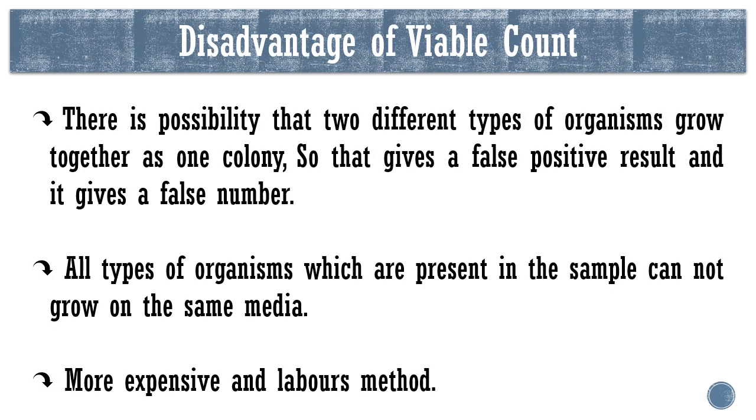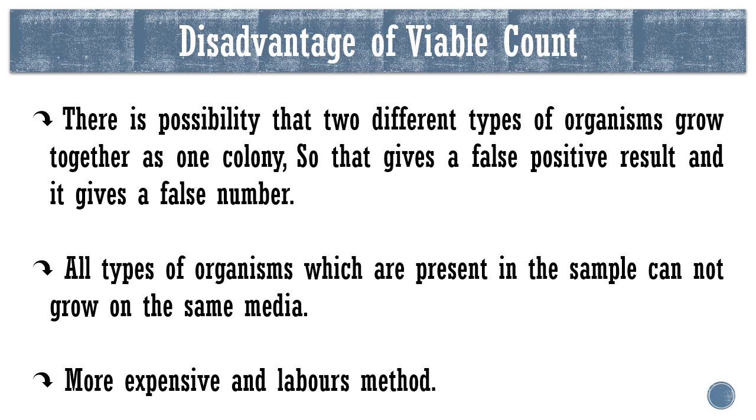Now there are some disadvantages of the viable count method. Several times, 2 or more organisms may form one colony if the culture specimen possesses clumps of cells, or 2 or more cells happen to settle at one point on the agar plate. This may reduce the actual count of viable organisms.